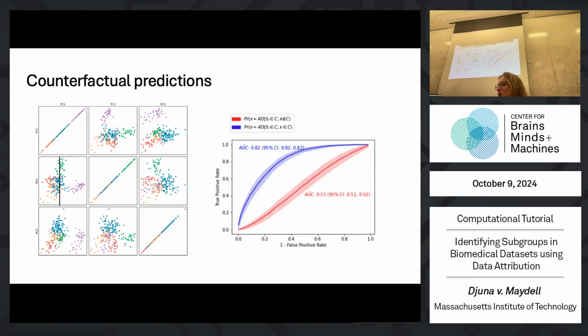But if there were no evidence of subtypes, then probably we wouldn't see this structure in the data. But even if we did, we could run this test now, which actually involves training these models, and the model should generalize if it's not true.